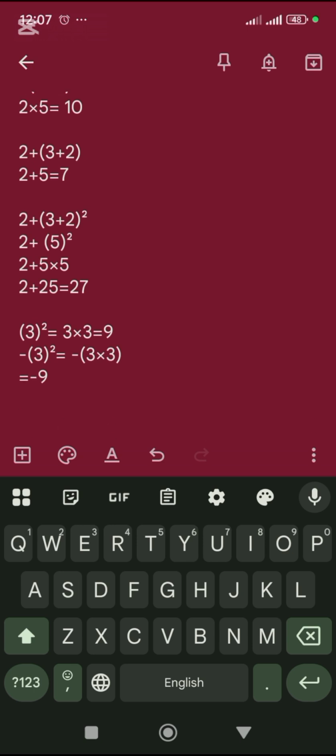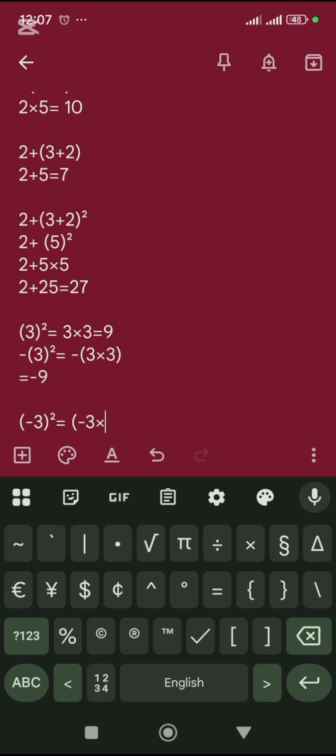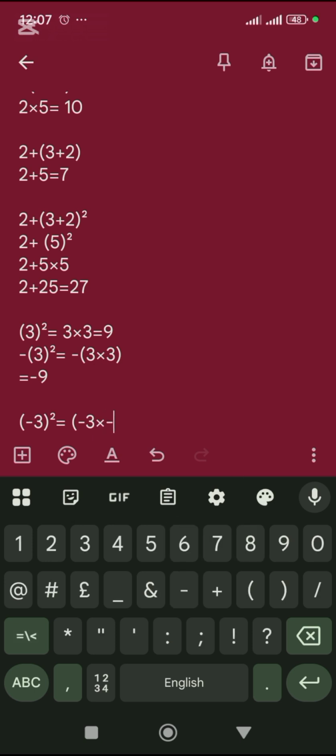When you have something like this, minus 3 raised to the power of 2, what this means is that everything in that bracket is raised to the power of 2. So this is open bracket minus 3 times minus 3.